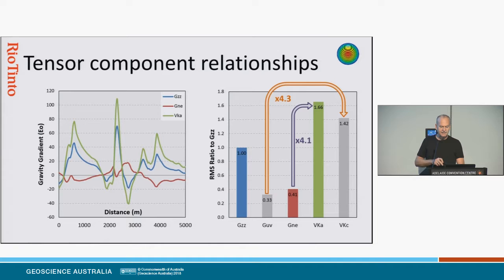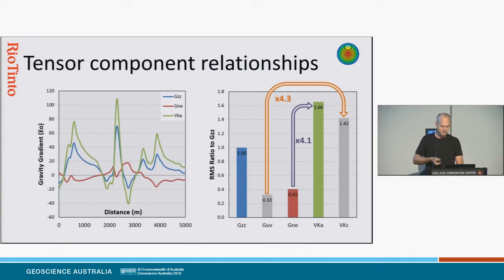And the VKA system is actually larger again than the GZZ component. So you can see that it's a factor of 4.3 from the GUV, and 4.1 from GNE, which is a bit more than 3. What did James have? 3? Yeah. So I guess this is specific to this particular flight path and this particular DTM.